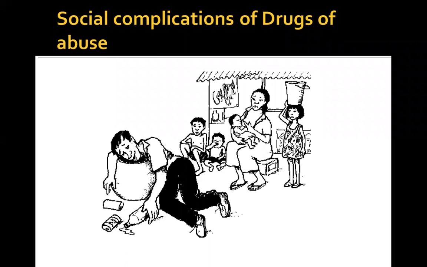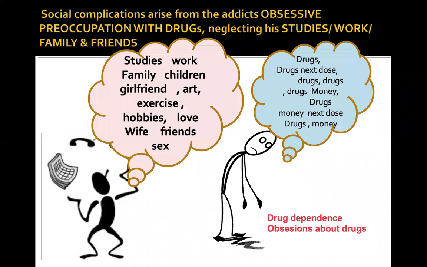Now, the person has a family, and then he is on drugs. So there is a disturbance in the family of a person who has taken drugs. I've told you that there are social complications right from the addiction: obsessive preoccupation with drugs, neglecting his studies, work, family, and friends.